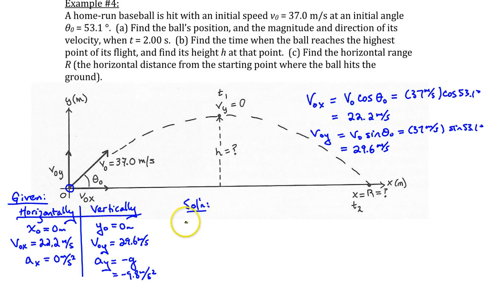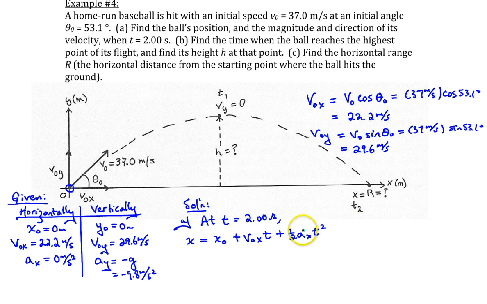So we're going to start off here by writing at t equals 2.00 seconds and sub in that time into our known equations. You can think of the equations as functions. So let's start with the horizontal equation. That's x equals x sub 0 plus v sub 0 x t plus 1/2 a x t squared.